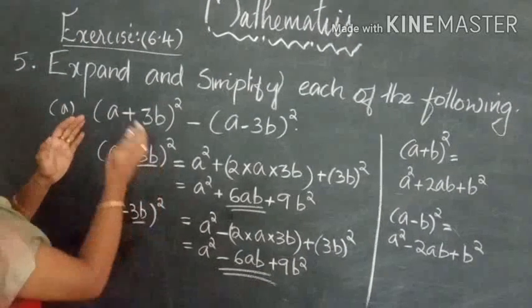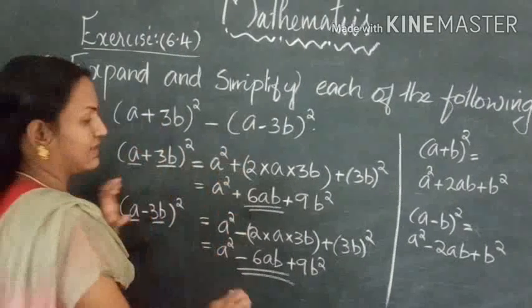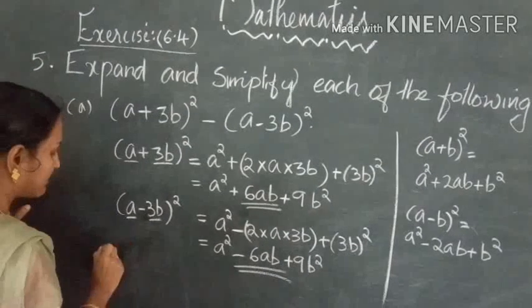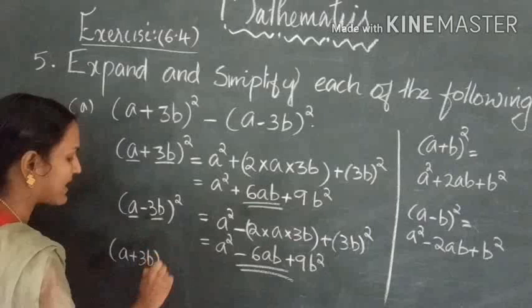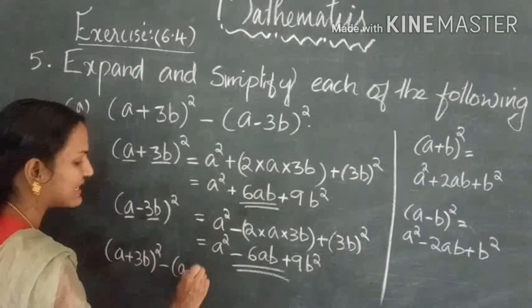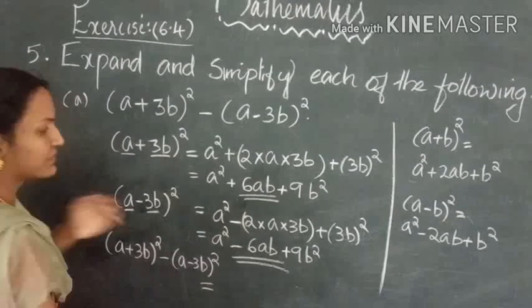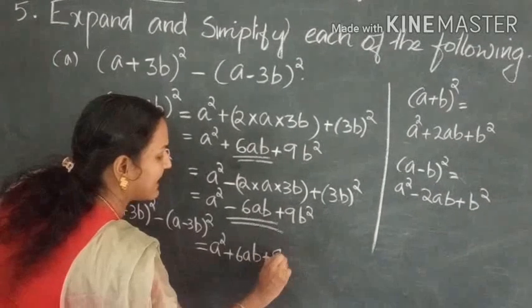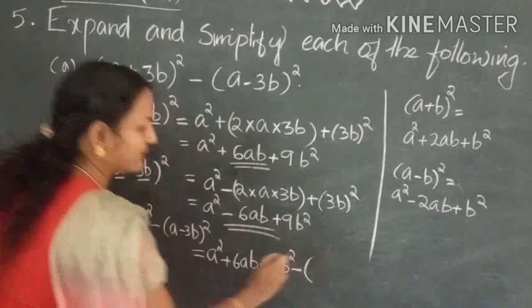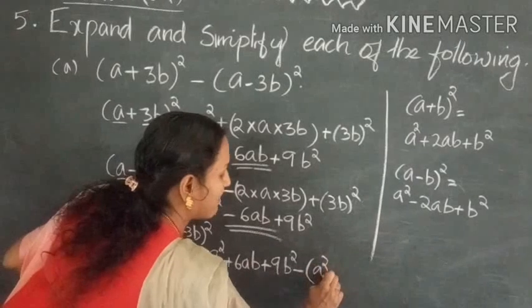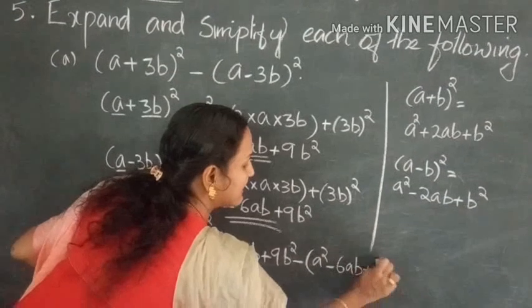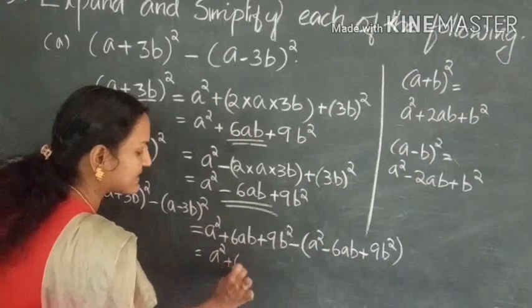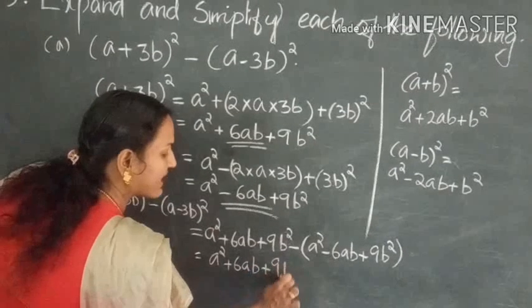Next, subtract this term minus this one. So (a + 3b) the whole square minus (a - 3b) the whole square is equal to a square plus 6ab plus 9b square minus the bracket a square minus 6ab plus 9b square.